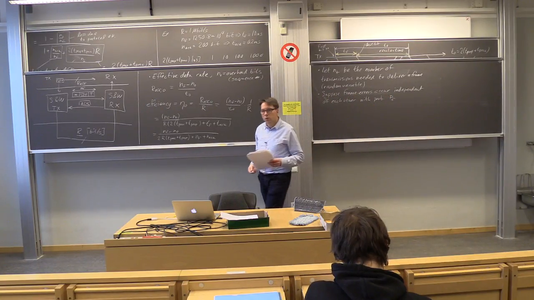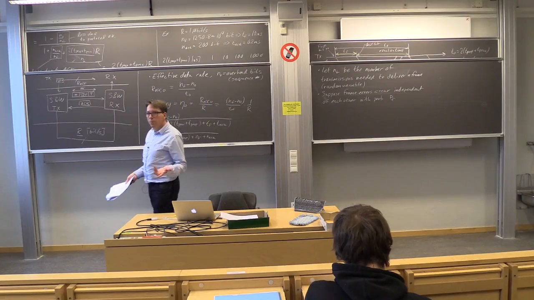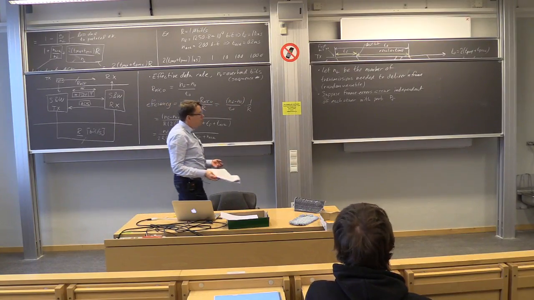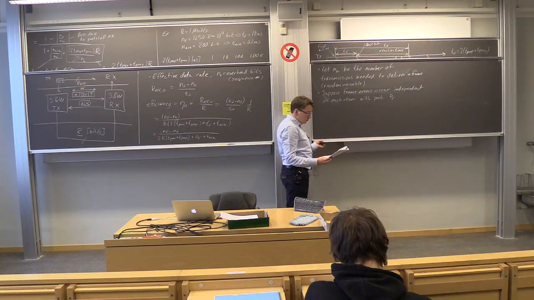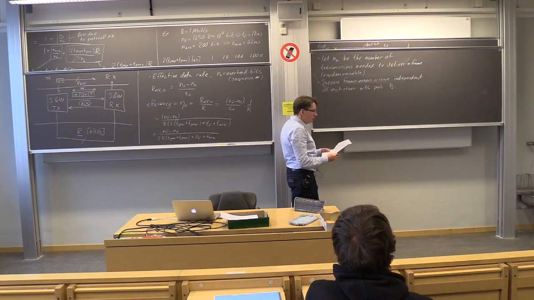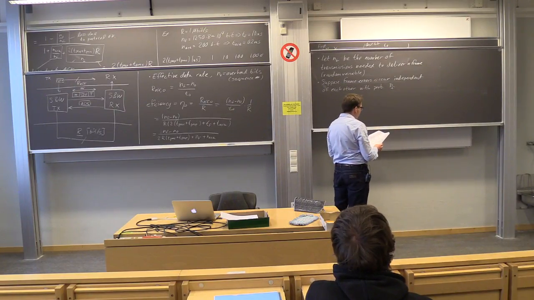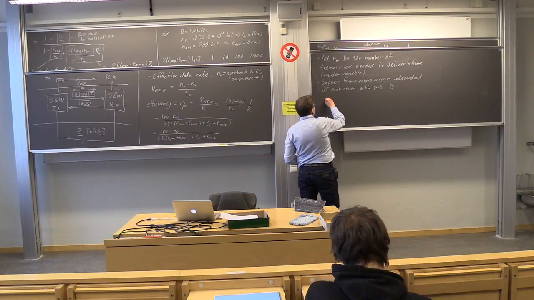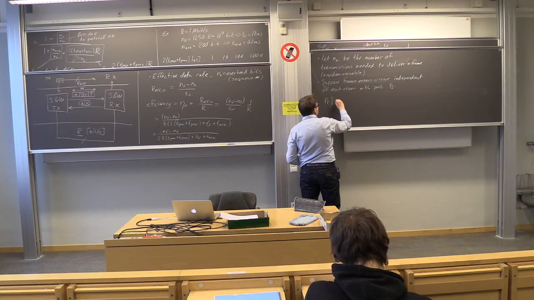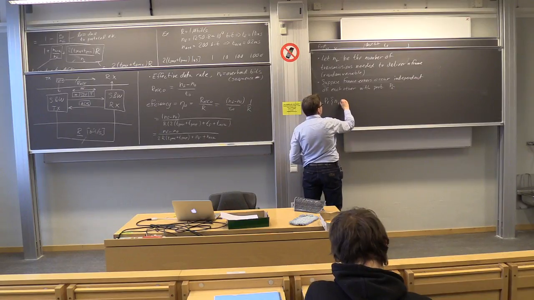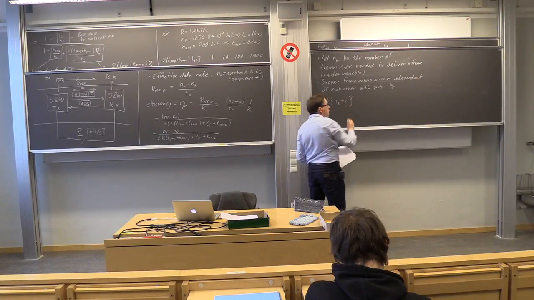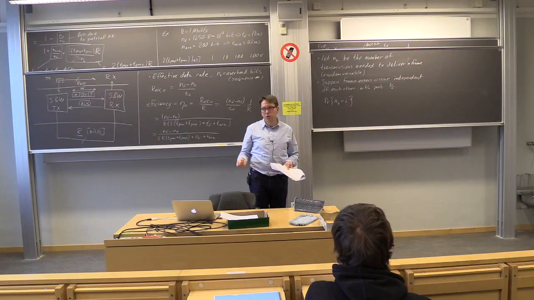Okay. So PF is the probability of a frame error, so a number less than 1. Then the probability that NT, the number of transmissions, is equal to some number I, we can express that in terms of PF.